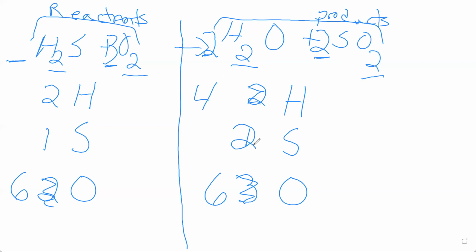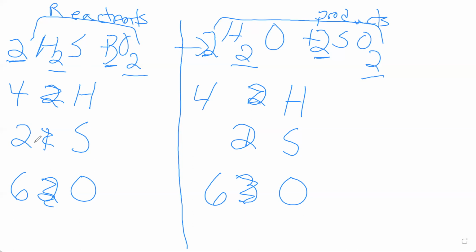Okay, now come back over to your reactant side and see if you see an easy fix for this. I see it. Yay. Okay, if I put a 2 here, 2 times 2 gives me 4 hydrogens. 2 times the one that's understood to be after the sulfur is going to give me 2 sulfurs.